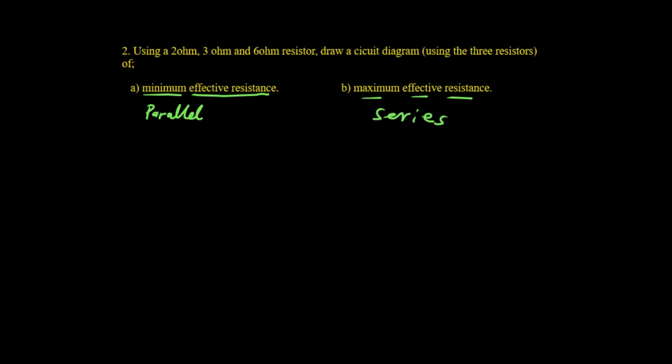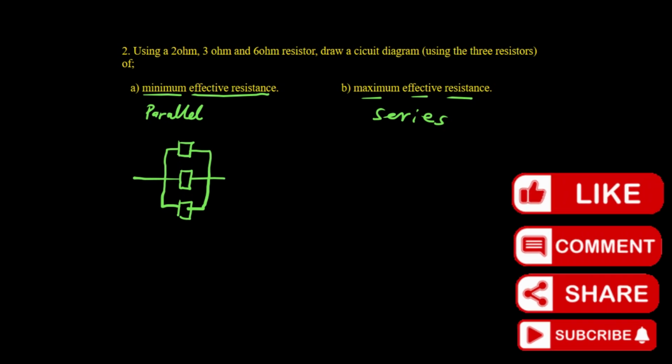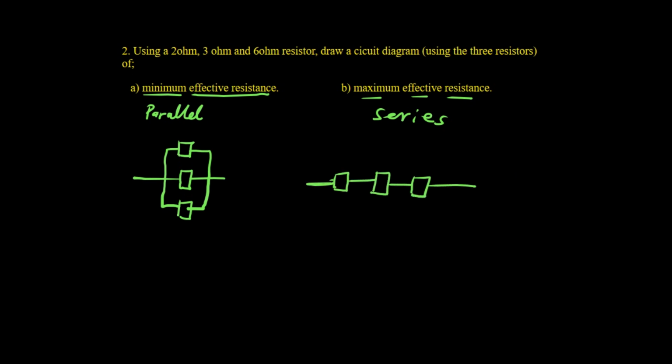So we are going to connect the 3 resistors in parallel, and this is what we'll have. This one will give us a minimum effective resistance of RE equals 1 ohm.